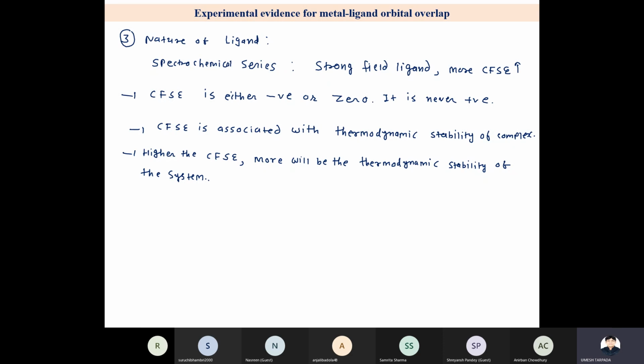And value is negative or it may be 0, but it is never positive. For half filled and completely filled configuration, CFSE is 0.